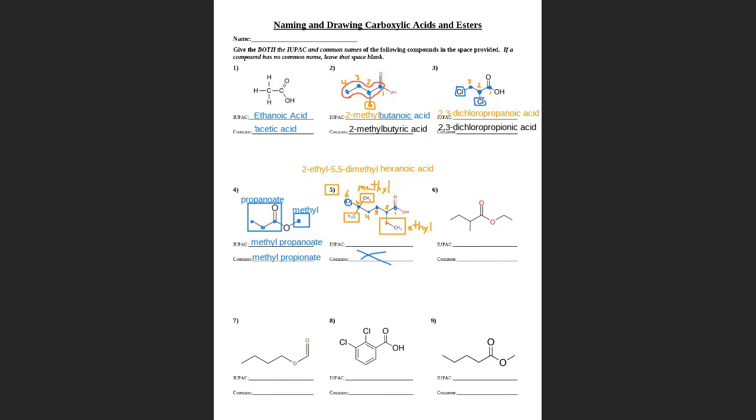All right. Now let's take a look. The next thing that we can do is look at number 6. So this is one that actually has a branch in it. Once again, we're going to circle the more important side and the less important side. There's the two sides of the oxygen.